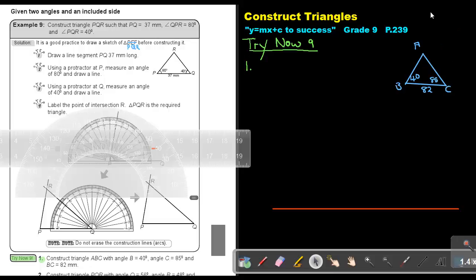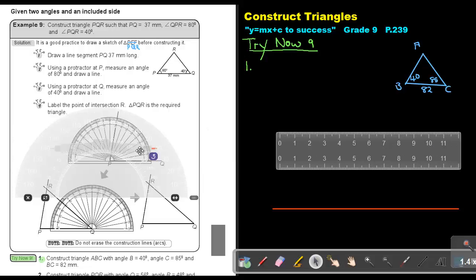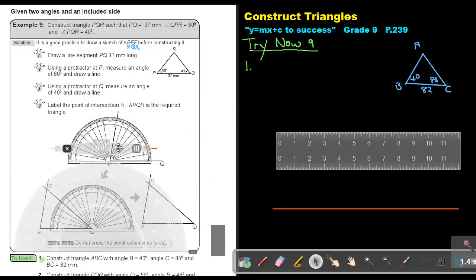Let's start. Take your ruler and your compass and put it on 8.2 centimeters. We stretch it to 8.2. Remember how we always do it?